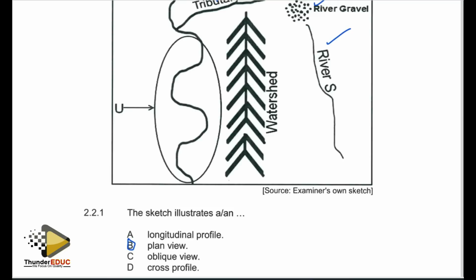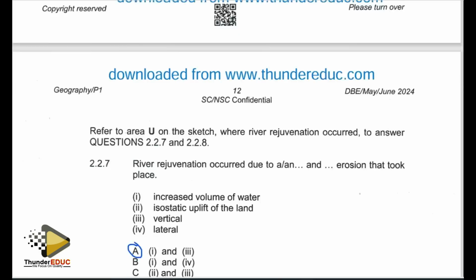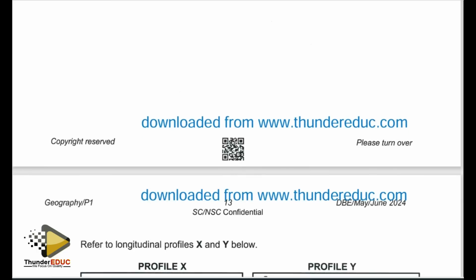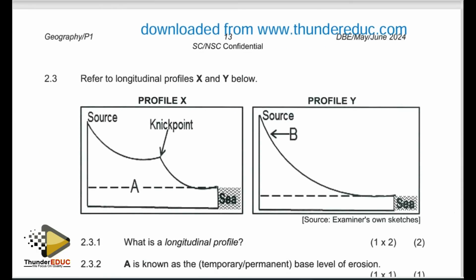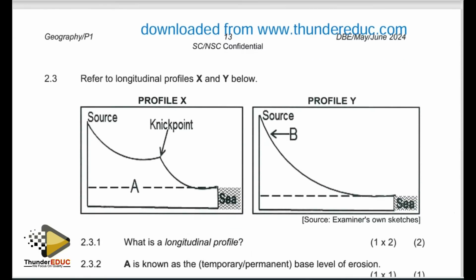What is the likely landform that is going to form in that particular part of the river? Definitely the correct response here is that incised meanders are forming over that area. Right, that is question number 2.2. Let's quickly move on to the next question, which is question number 2.3.